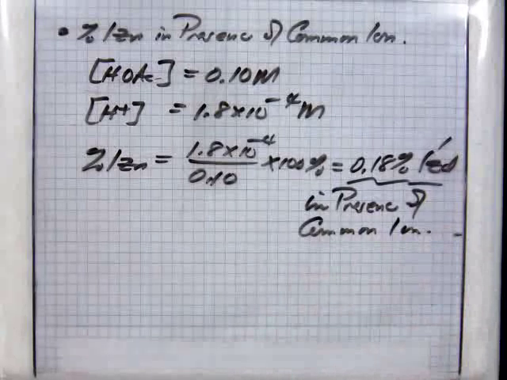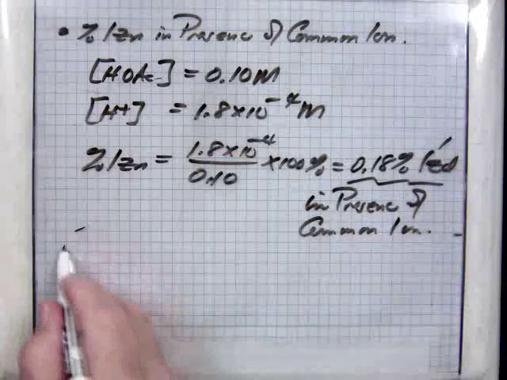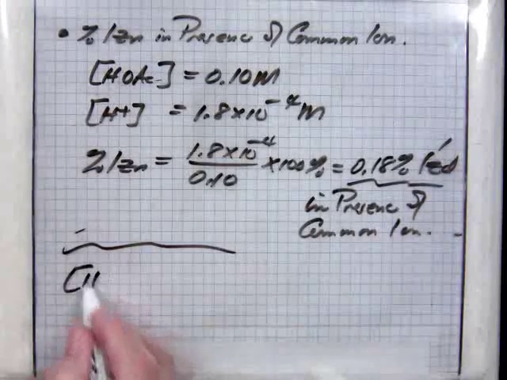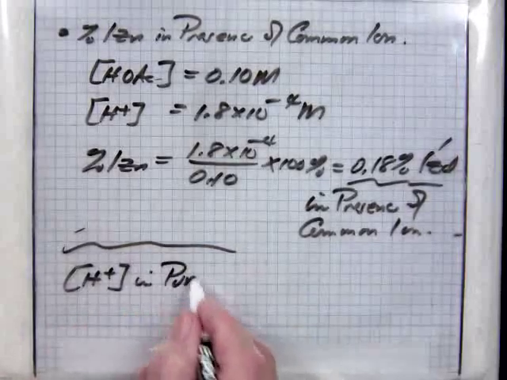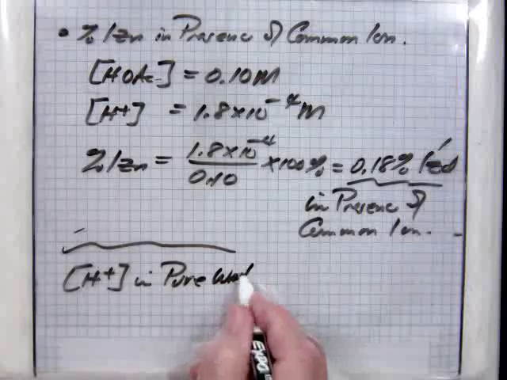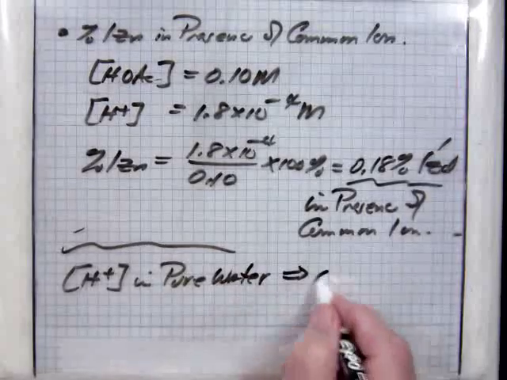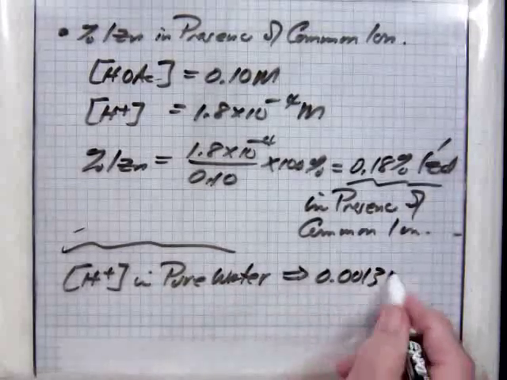Well, a moment ago I told you that the hydronium ion concentration in pure water ionization is 0.0013 molar.